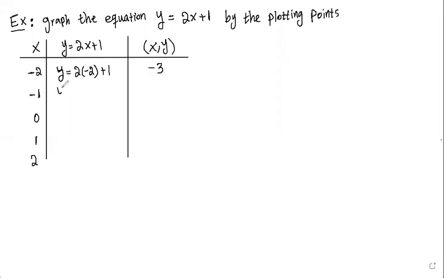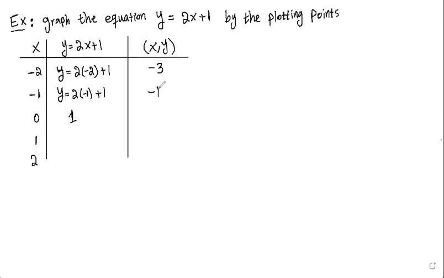For -1, the same thing, so y equals 2 times -1 plus 1. 2 times -1 is -2, plus 1 is -1. For the 0, 2 times 0 is 0, plus 1 is 1.